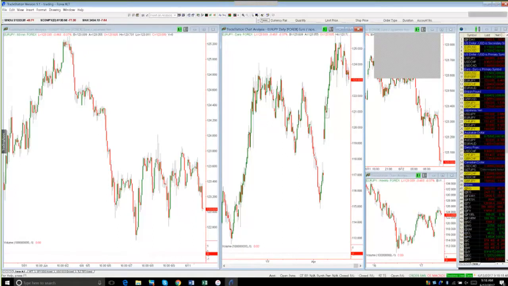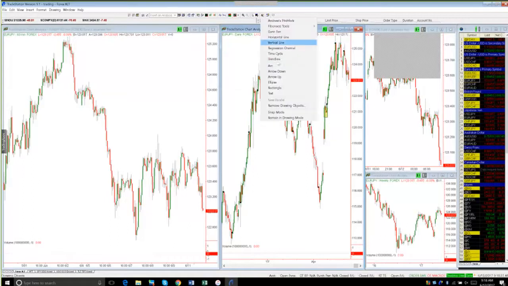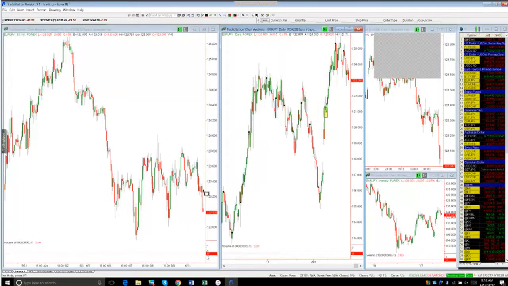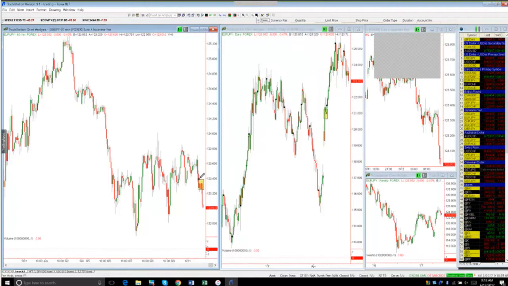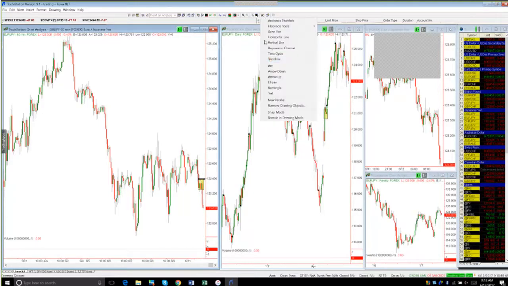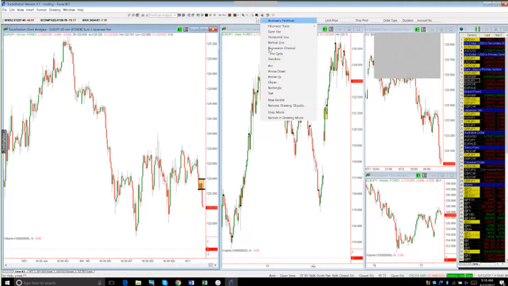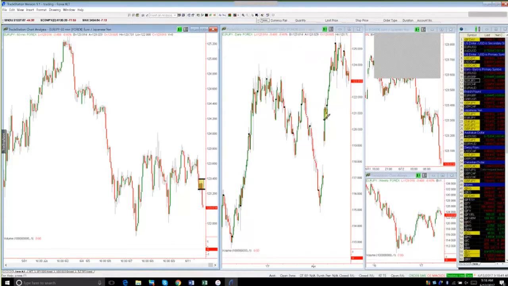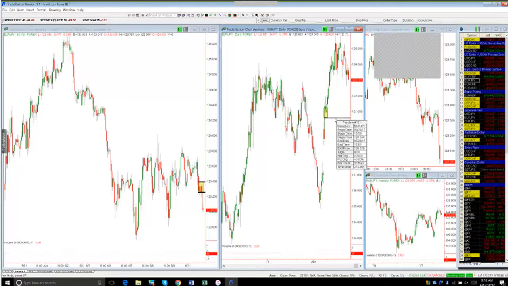Oops, I didn't want to do that. Here, let's bring this down here. Okay, so we're using two different time frames to identify where those demand and supply zones are above and below current price.